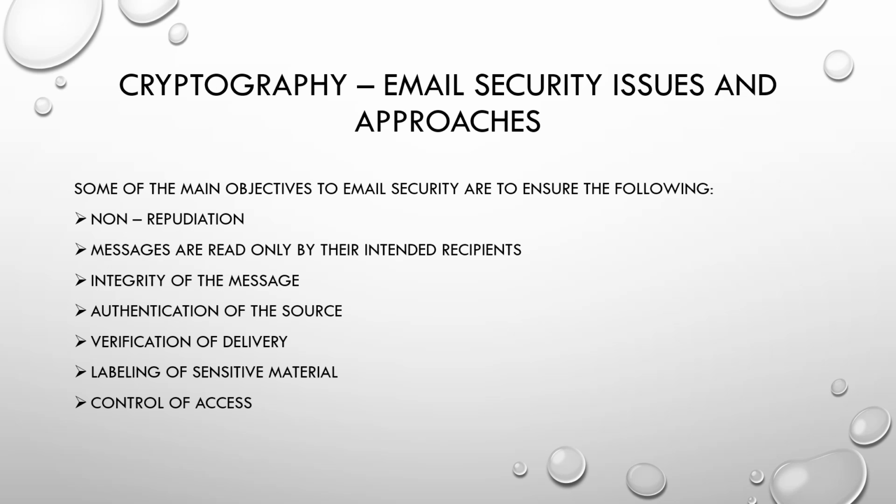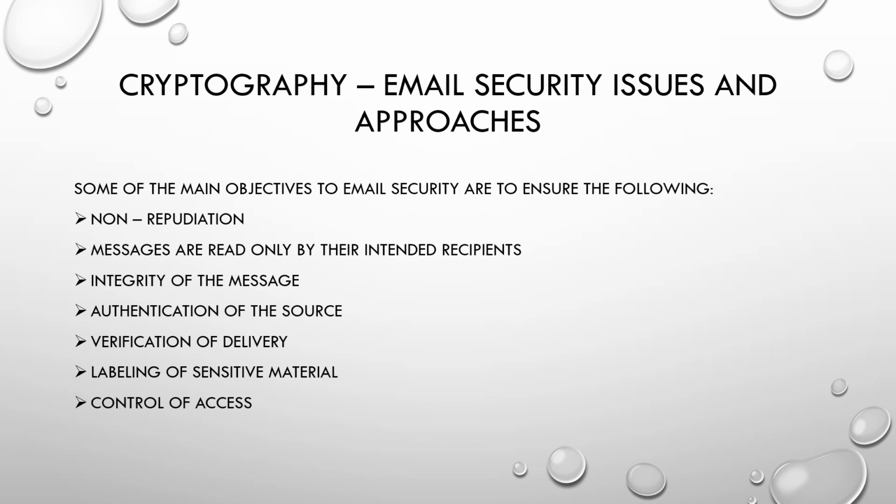Cryptography also covers email security issues and approaches. Some of the main objectives of email security are to ensure the following, which includes non-repudiation. Messages are read only by their intended recipients. Key point there.